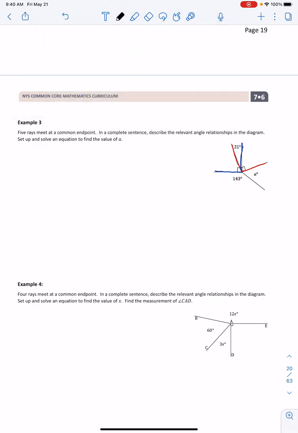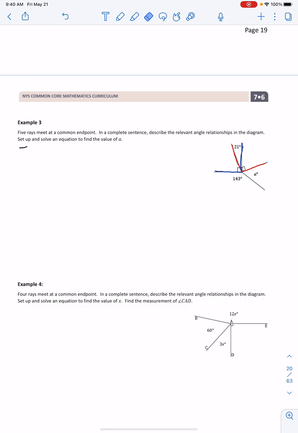So first, let's write our sentence. We have 2 right angles. Well, we don't.